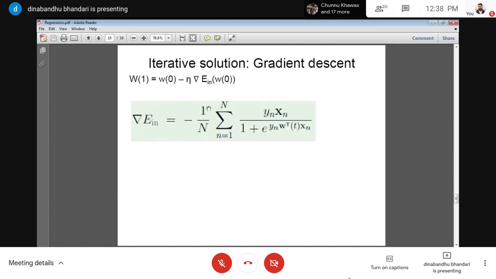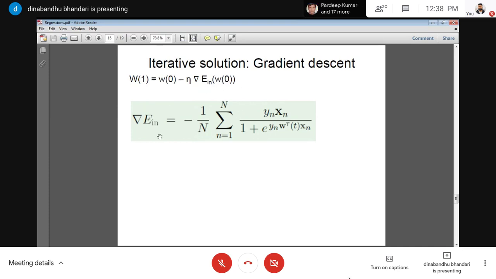There is a technique, gradient descent. We'll study it in detail in the numerical methods, in artificial neural networks. I'll explain that tomorrow. For gradient descent, you just take it from me: you assume some random value in the beginning, W0, then you can find a better W1 by using W0 minus eta, gradient of E in, that error we have seen.